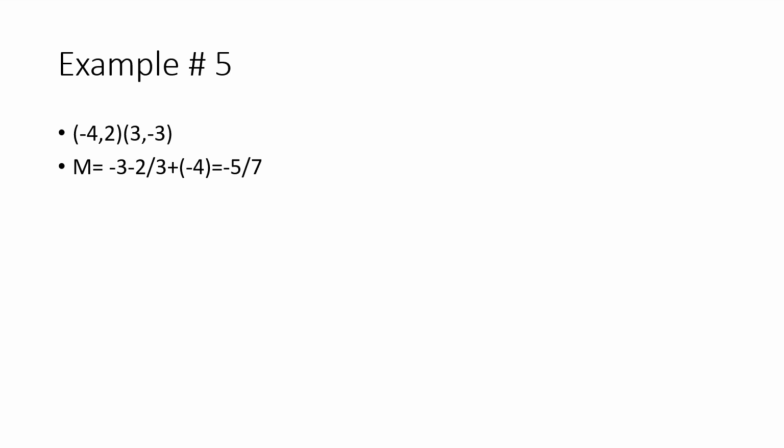After you plug them in, you should get m equals negative 3 minus 2 over 3 plus negative 4. Notice this is another one of those equations where you had to flip the subtraction and addition sign. So now I will be adding 3 and negative 4 together, and after you solve the equation, you should get negative 5 over 7. This cannot be simplified.